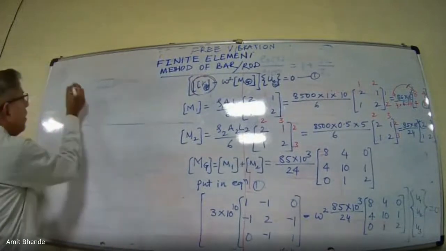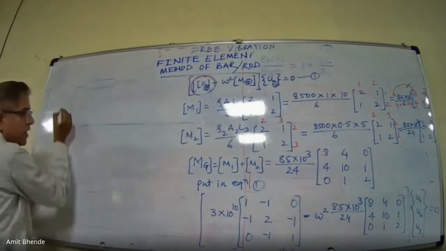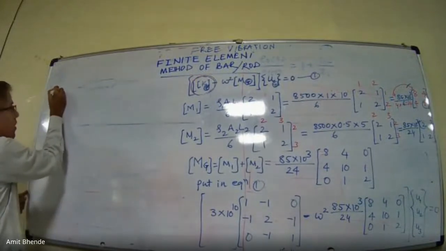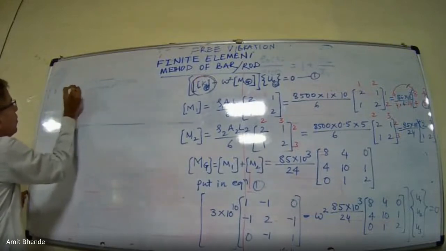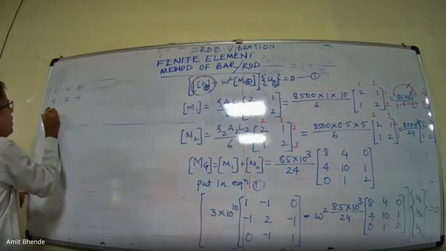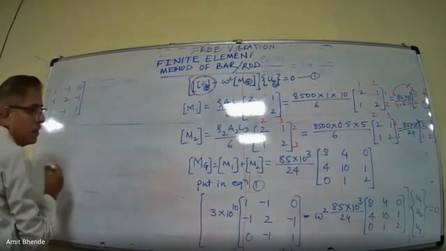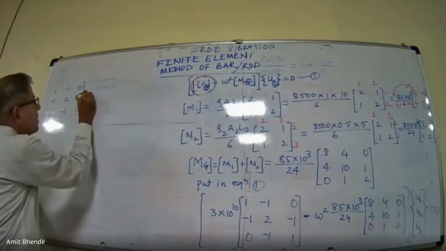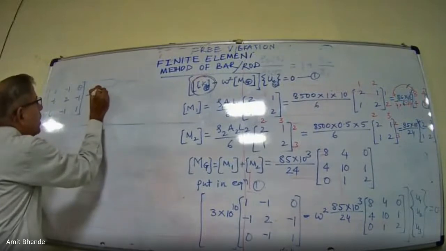If you divide the equation, it becomes 1 minus 1 0, minus 1 2 minus 1, 0 minus 1 1, minus omega square.